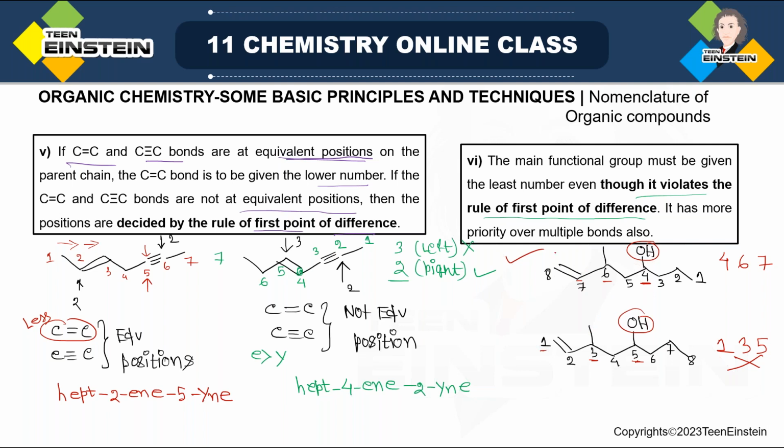And if we write the name, there are total 8 carbons. That means oct. That will be our root word. And after oct, as at 7 position there is a double bond, it is 7-yn, 4-ol.